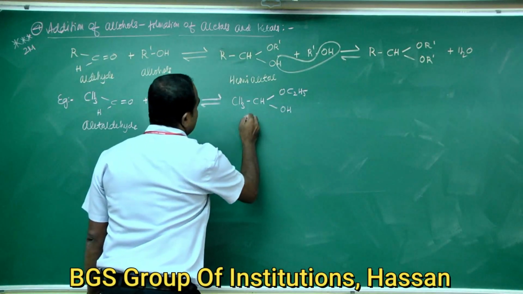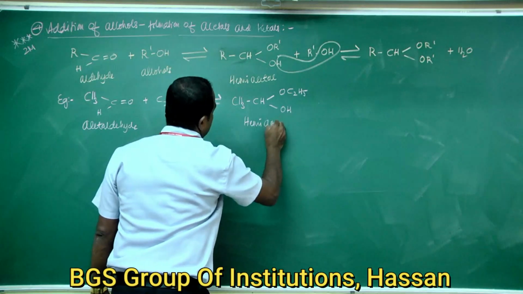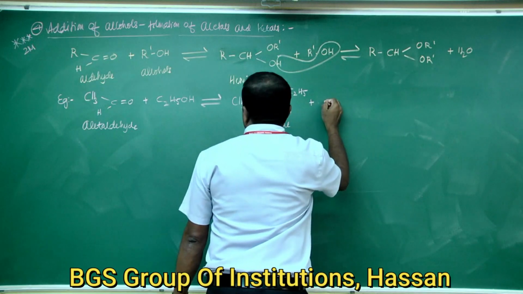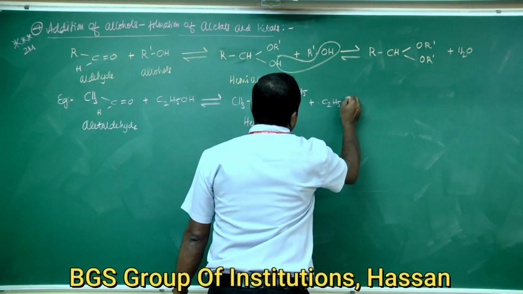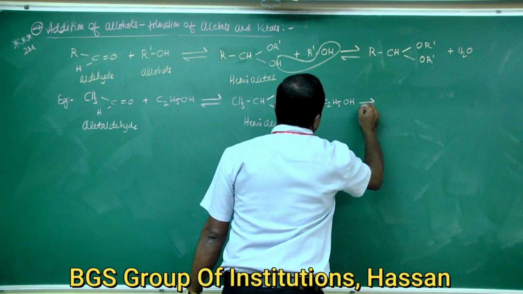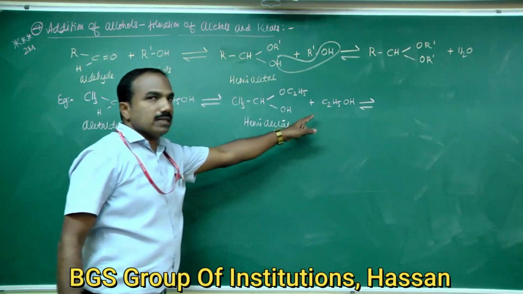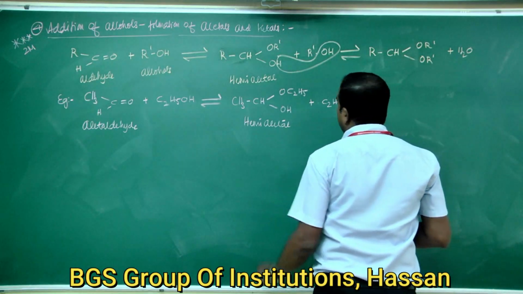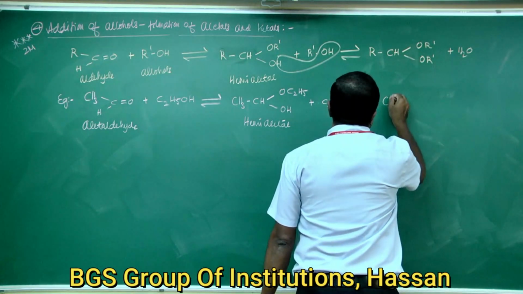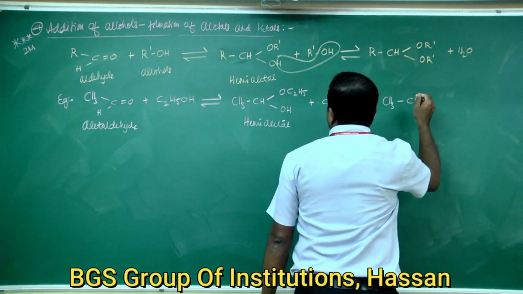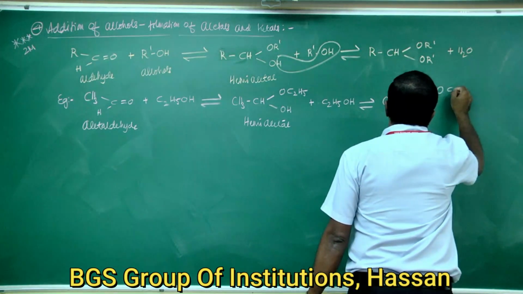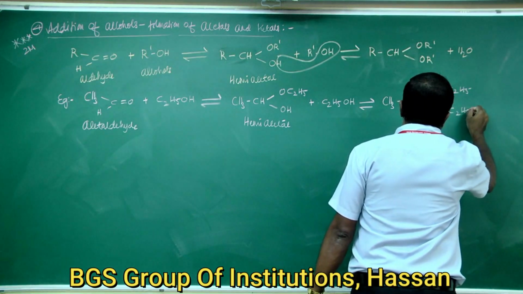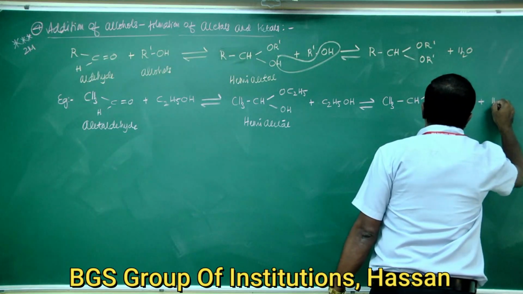This is hemiacetal. Addition of another molecule of monohydric alcohol gives a dialkoxy alcohol compound called acetal, CH3 single bond CH, single bond OC2H5, single bond OC2H5 plus H2O.